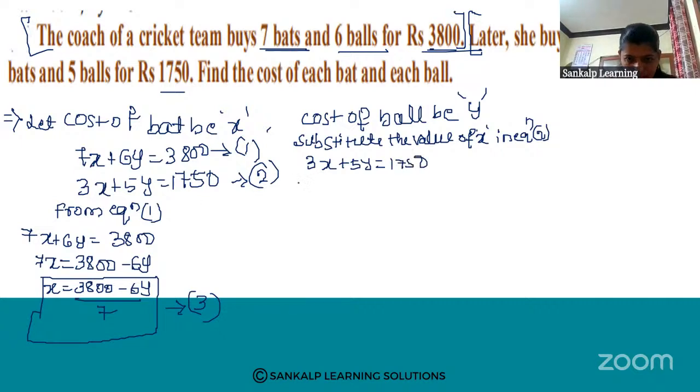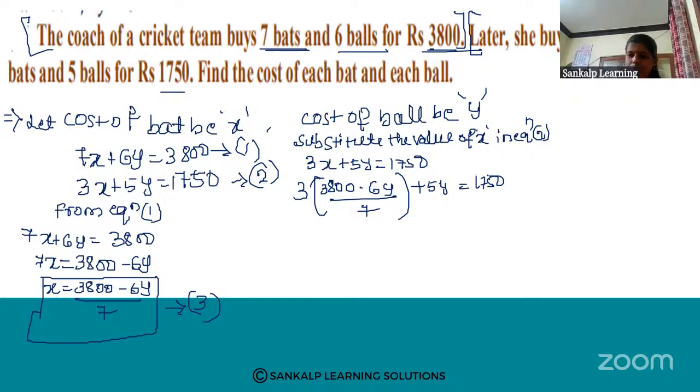Now 3 into x value, that is 3 into (3800 minus 6y) divided by 7, plus 5y is equal to 1750.